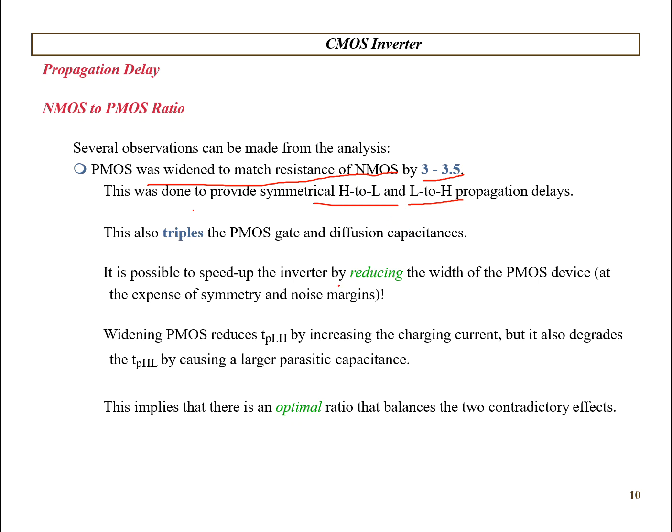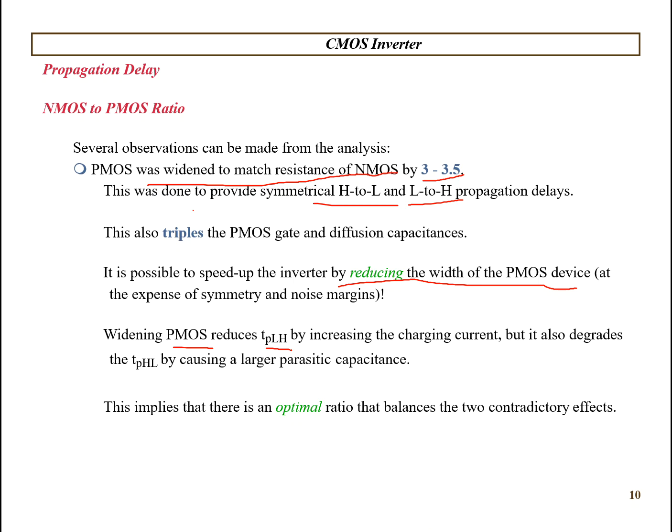It is possible to speed up the inverter by reducing the width of the PMOSFET devices. The PMOSFET device width can be reduced, but then you have to compromise on symmetry and noise margin. And widening the PMOSFET reduces tpLH, the low to high propagation delay, because you have to match with the NMOSFET.